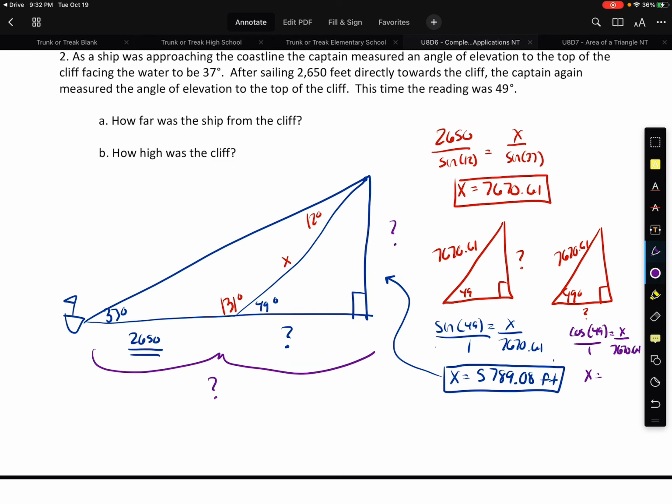I throw it over 1, cross multiply and solve. 7670.61 times cos 49 gives me 5,032.37. So if I want the overall final answer of how far it was at the start of the problem, I add that together: 7682.37. That's our final answer.